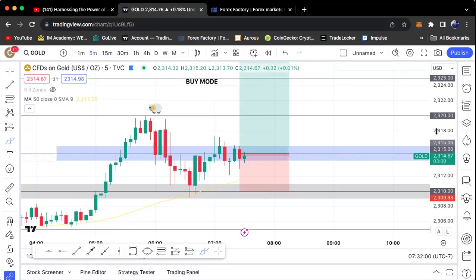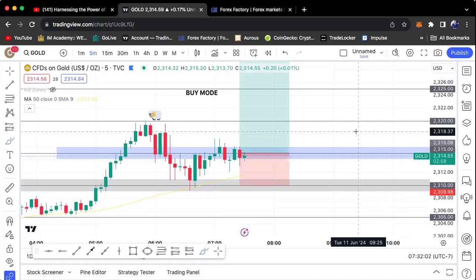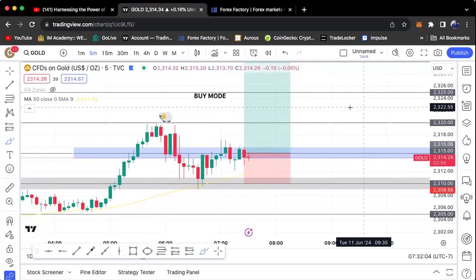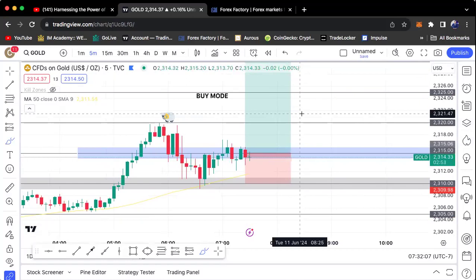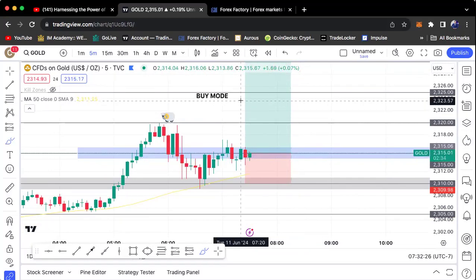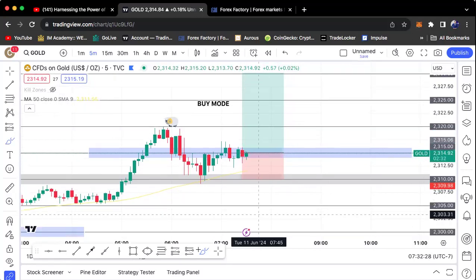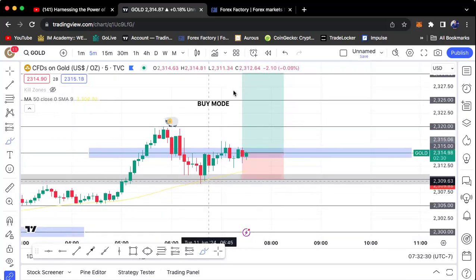And remember, this is more of an intraday trade. You guys are going to have to manage it throughout the day. Make sure you take partials. So this is a 150 pip move. But yeah, guys, let me know if you got in.